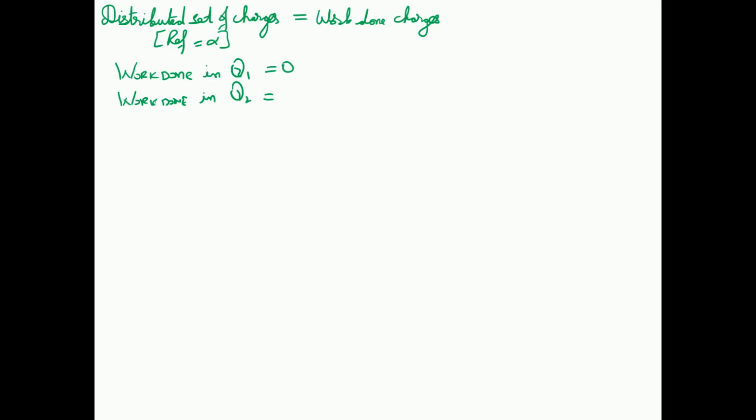This means that Q2 experienced some work done which is represented as a certain potential V, and we define its subscript as V21, where V21 is basically location and the effect coming from a source. So this is what the subscript of the potential is going to mean.